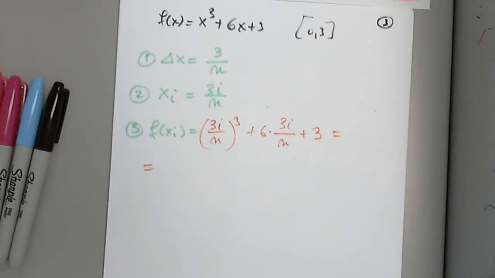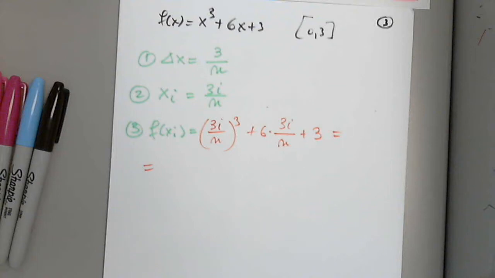There is no m here, they're all n. That's okay. The definition is a plus i delta x.